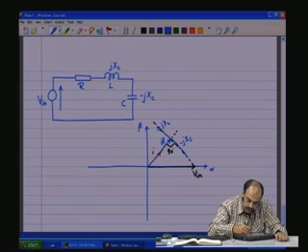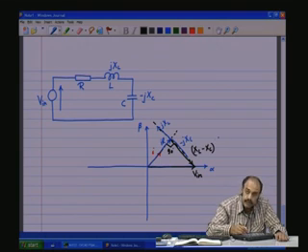Now, these two being 180 degrees in opposition, the resultant of this is what is going to come across this one and fill up the gap here, and that would be XL minus XC.